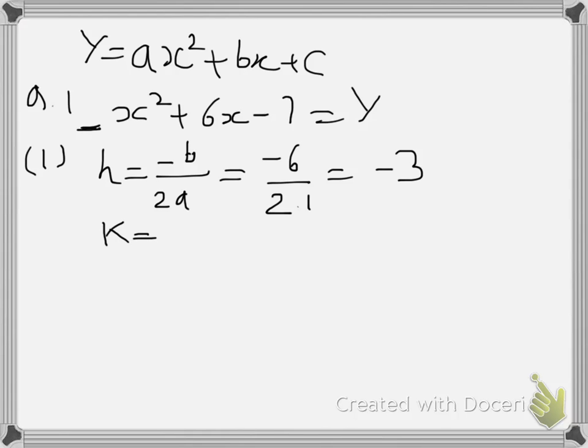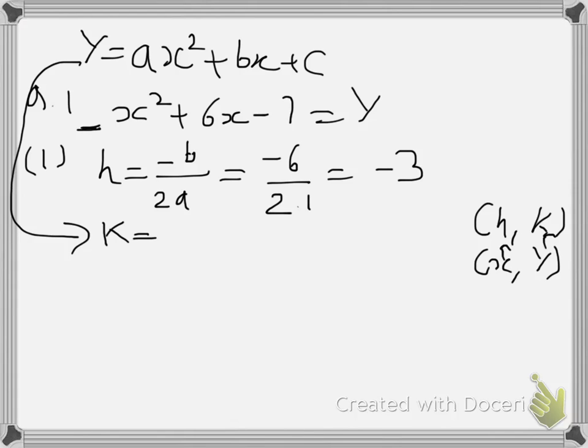k is, you have to plug in this, because h comma k, you can say this is the x coordinate and this is the y coordinate. Okay, so you just plug in k in y and h in x. The equation is x square plus 6x minus 7.